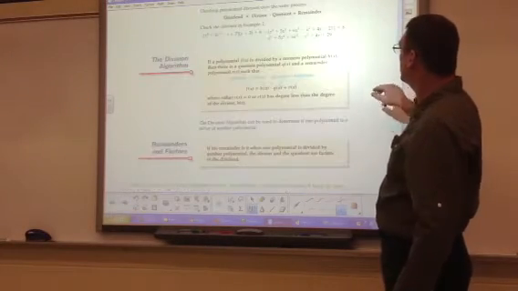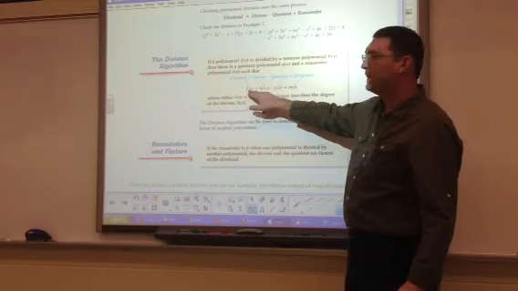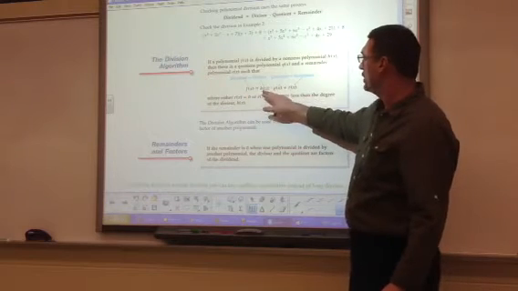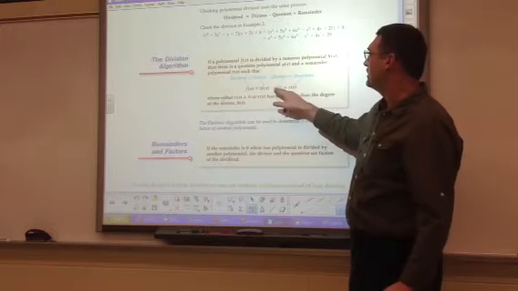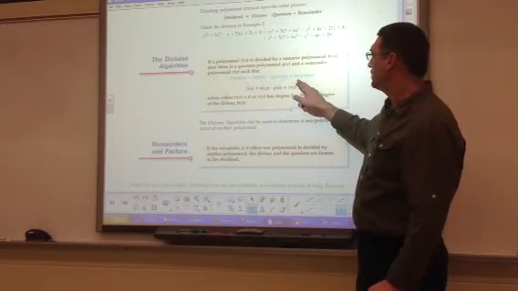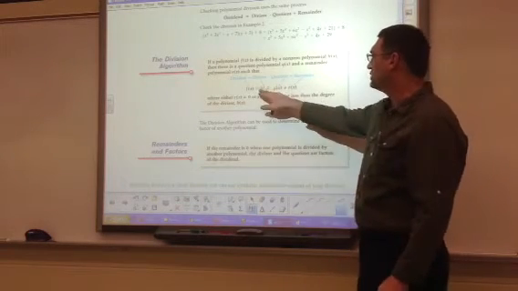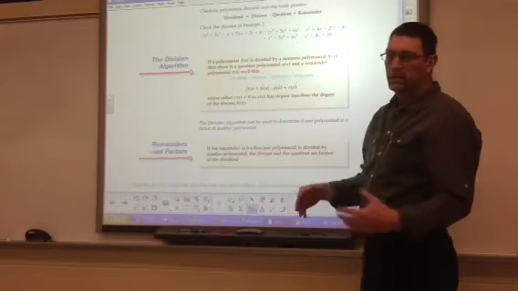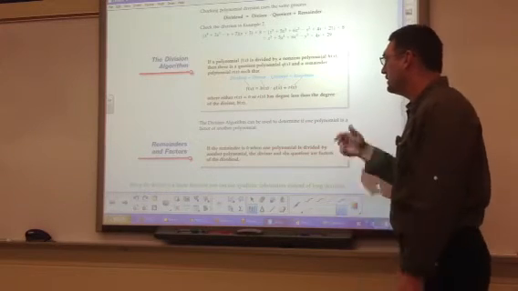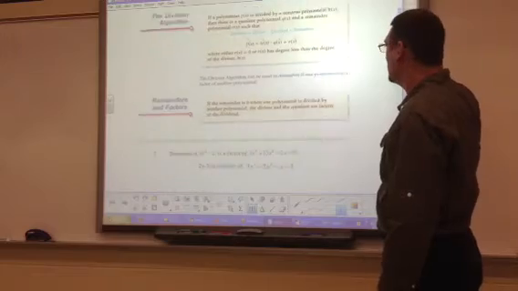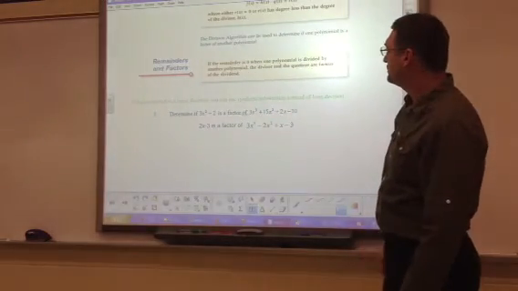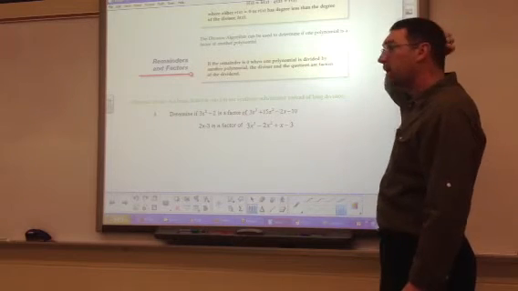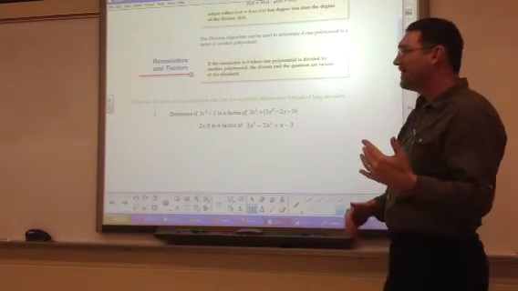So here's my dividend, here's my divisor, what I'm dividing it by, and the quotient that I get, plus the remainder. If we actually multiplied here and added, we would get our dividend.